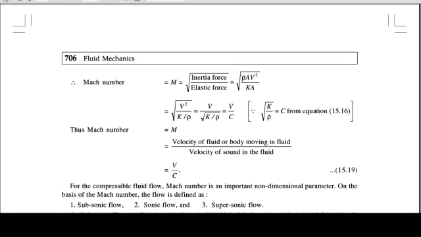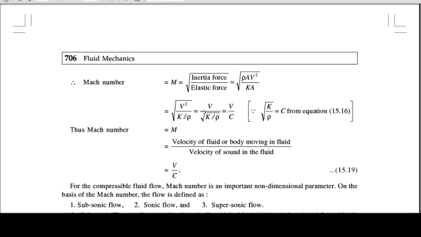Inertia force means rho into A into v square, and elastic force is K into A. So here A is common in the numerator and denominator, so it is cancelled out. Then the remaining term is under root of v square upon K upon rho.